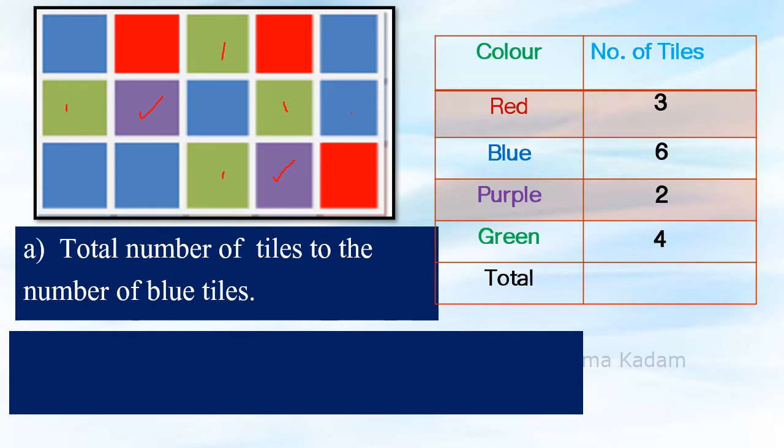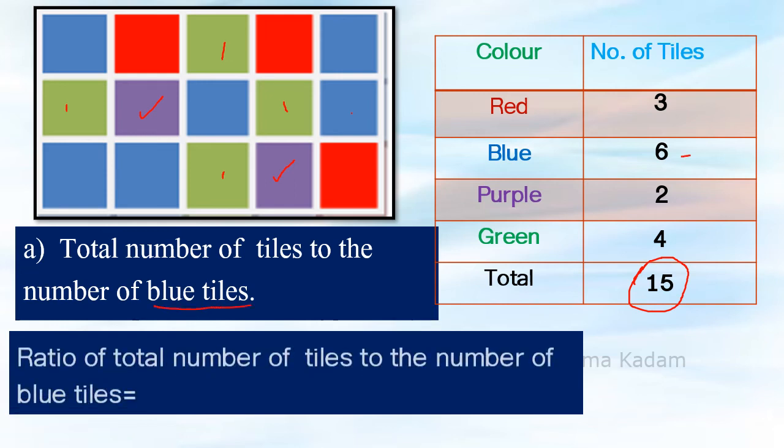Now do the addition of this. See whether you are right or wrong. 6 plus 3, 9. 9 plus 2, 11. 11 plus 4, 15. Right? Means there are total 15 tiles in all. Now the first one. Total number of tiles to the number of blue tiles. Now see here. Total number of tiles. First what here is asked? Total number and then blue tiles.